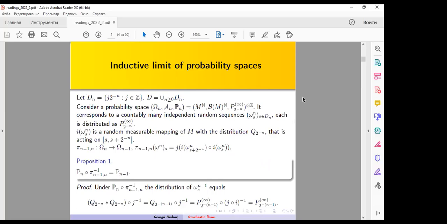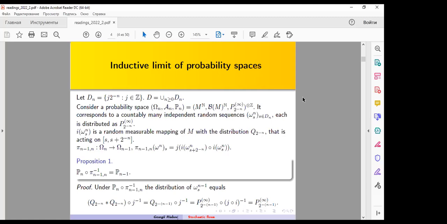Now, let us consider a sequence of probability spaces. So the probability space with index n looks as follows. It corresponds to countably many independent random sequences. These random sequences are indexed by the dyadic numbers of order 2 to the power minus n, and each sequence is distributed as P infinity at 2 to the minus n.